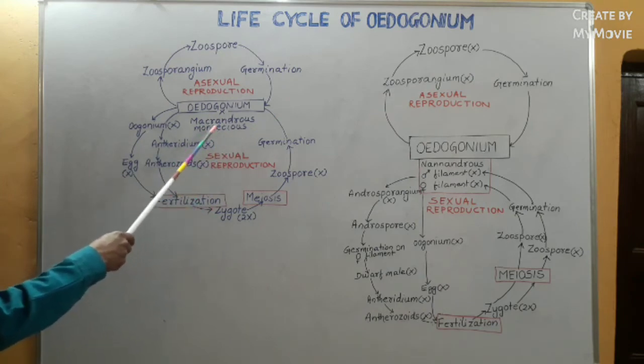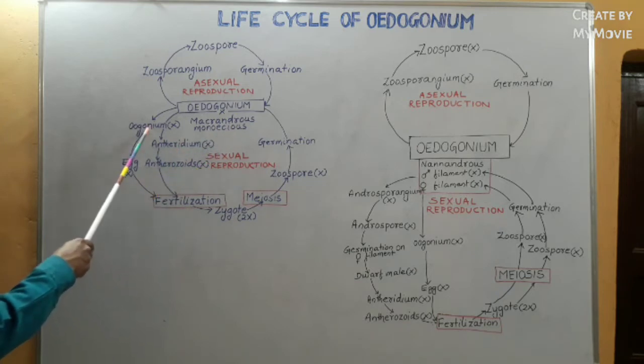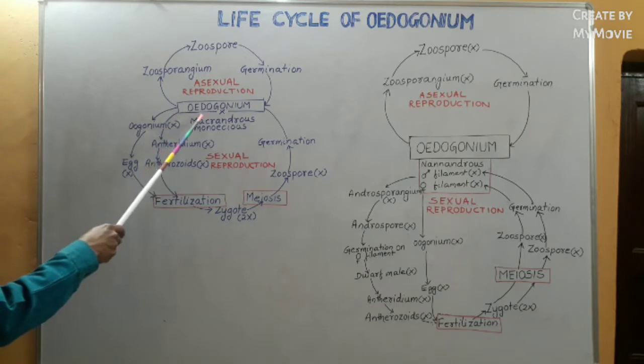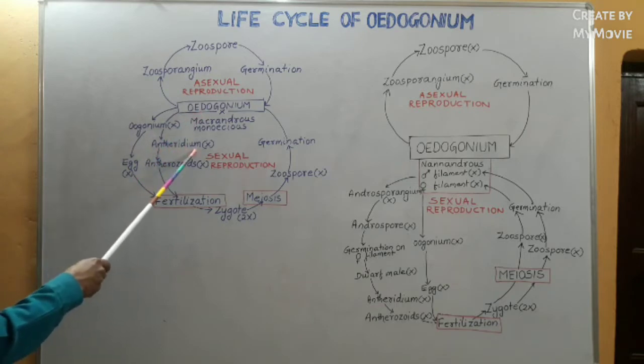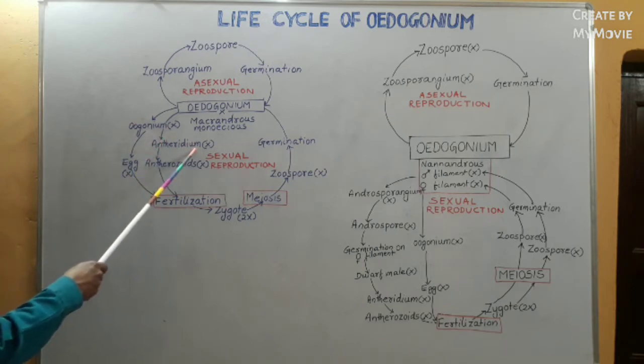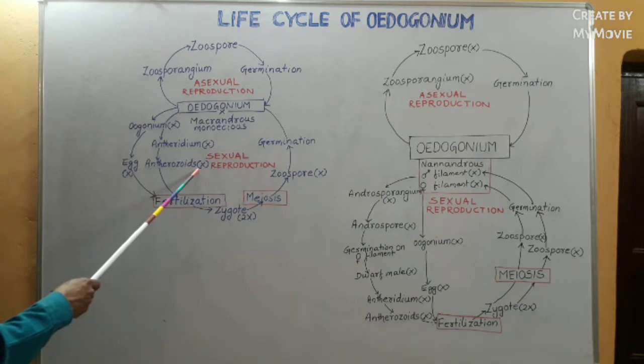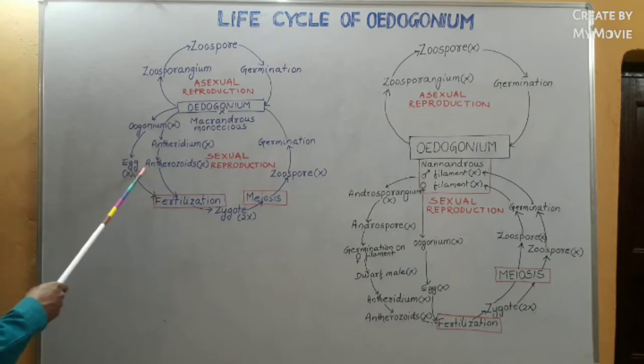In Macrandrous monoecious species, both the antheridium and oogonium are borne on the same filament. Antheridium is the male sex organ, oogonium is the female sex organ. Antheridium produces antherozoids, oogonium produces egg. Antherozoids are the male gametes, egg is the female gamete.